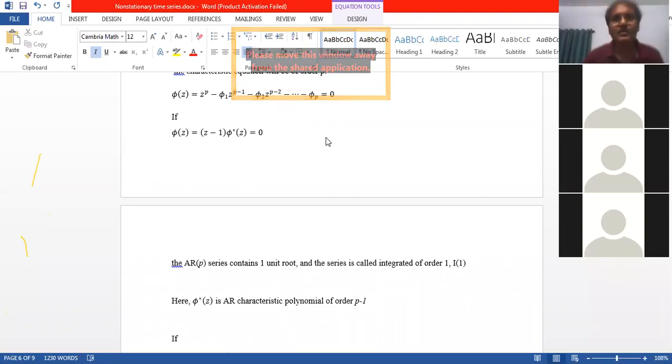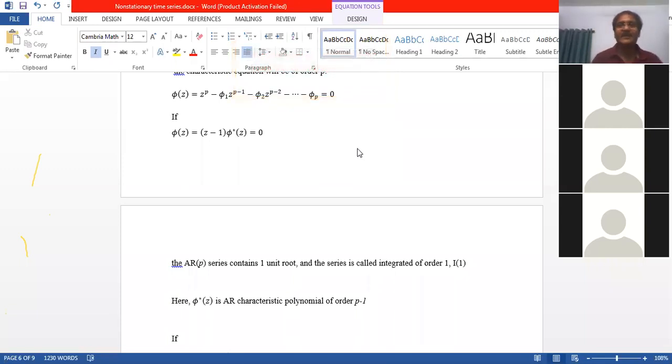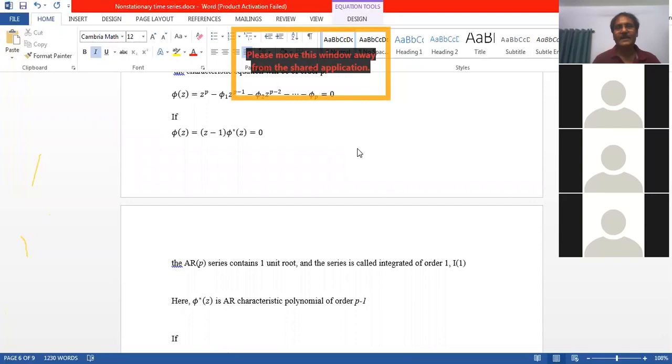When the series contains two unit roots, it will be integrated of order 2. If AR2 contains only one unit root, it will be integrated of order 1. If AR2 contains no unit root, that is, if AR2 is stationary, it will be integrated of order 0.